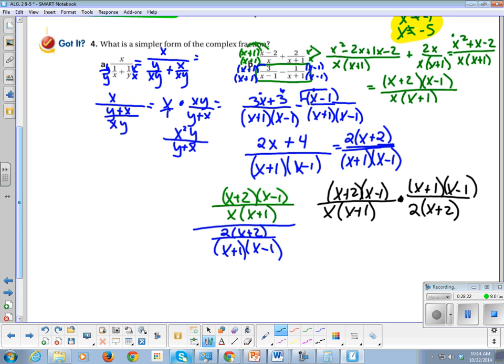And before I get all crazy and start canceling things out, let's do our restrictions. So I know x cannot equal 0, negative 1, negative 2.